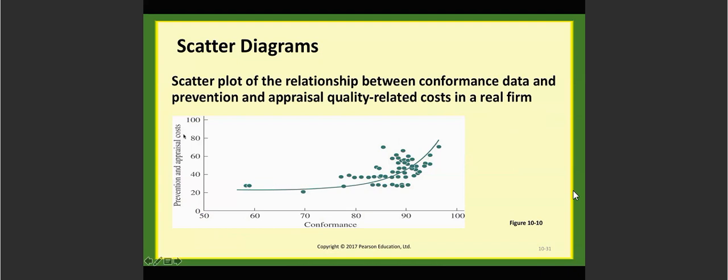Usually you will have two variables that you want to look at. Here, they show conformance and prevention and appraisal costs. So you want to see what is the relationship. That means the data is scattered around here. So can you draw a line? Is it a straight line or a curve?